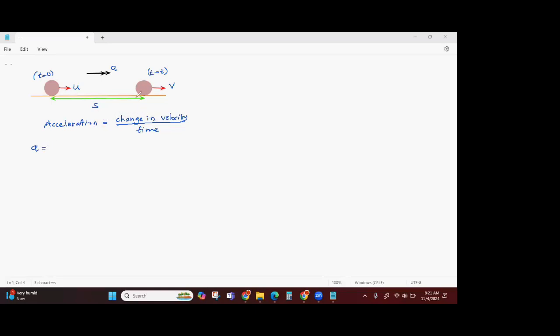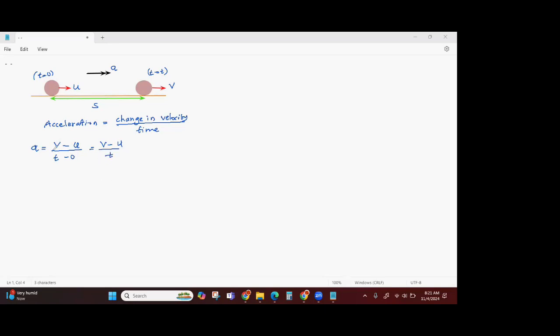The change in velocity is final velocity minus initial velocity. So final velocity is v minus initial velocity u, over the time taken, t minus 0. So then we can write that is v minus u divided by t. Right? So a equals v minus u divided by t.